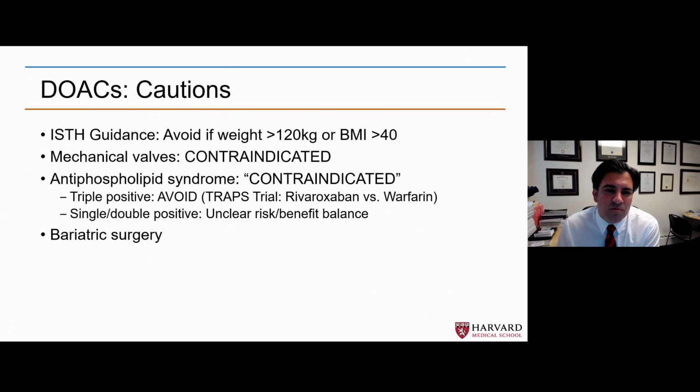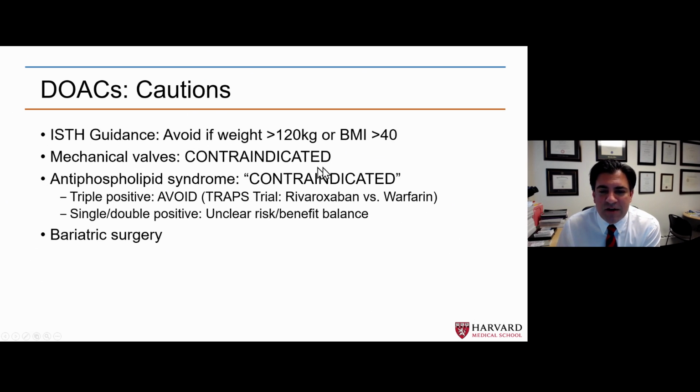There's some subsequent real-world data that suggests possibly a BMI up to 50 may be okay and higher. Some are advocating for use of DOAC-specific anti-10A levels or drug levels. We don't have data about the clinical efficacy and safety of that, but it is being used more frequently.